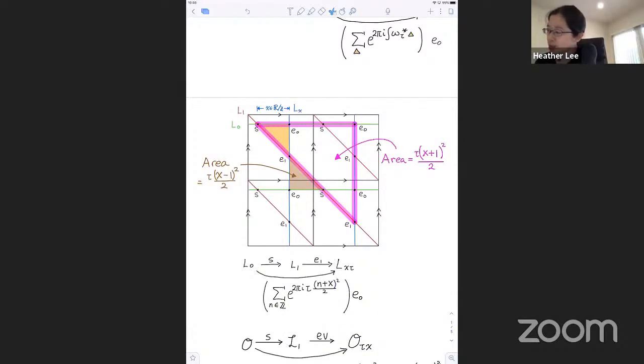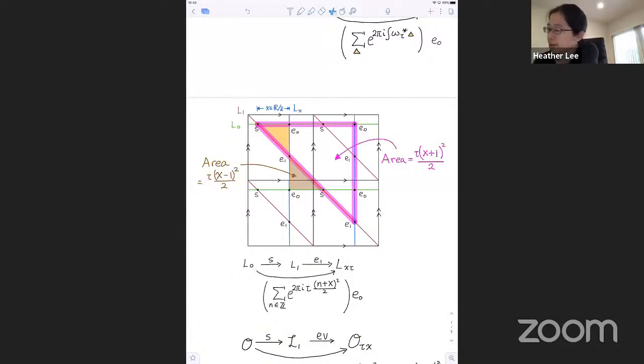To justify this, we can look at these three sheaves and compute the morphisms between them. So from here to here, there's a one-dimensional space of holomorphic sections of the degree 1 line bundle. And for each section, there is one map to the skyscraper sheaf at tau x, given by the evaluation map at this point tau x. So the composition is the evaluation of the section at this point tau x.